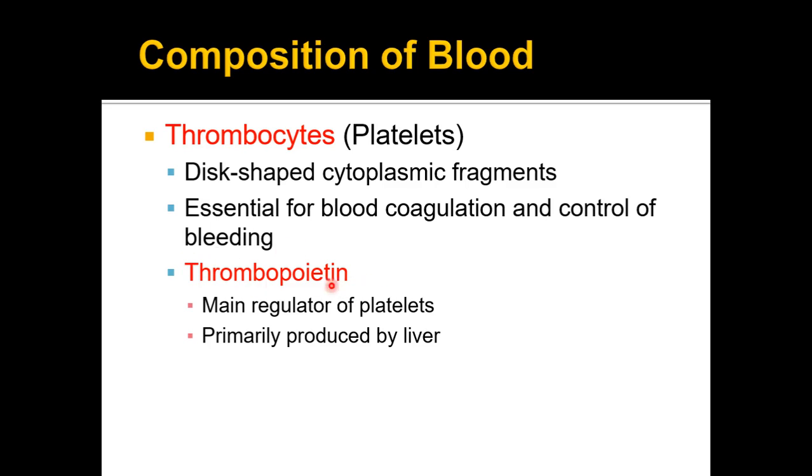And when the bone marrow cells get stimulated by thrombopoietin, then that will stimulate those bone marrow stem cells to produce more platelets. So we'll look at that process also coming up. But as far as right now, thrombopoietin is the hormone that stimulates the production of platelets in the bone marrow, and thrombopoietin is made by the liver.